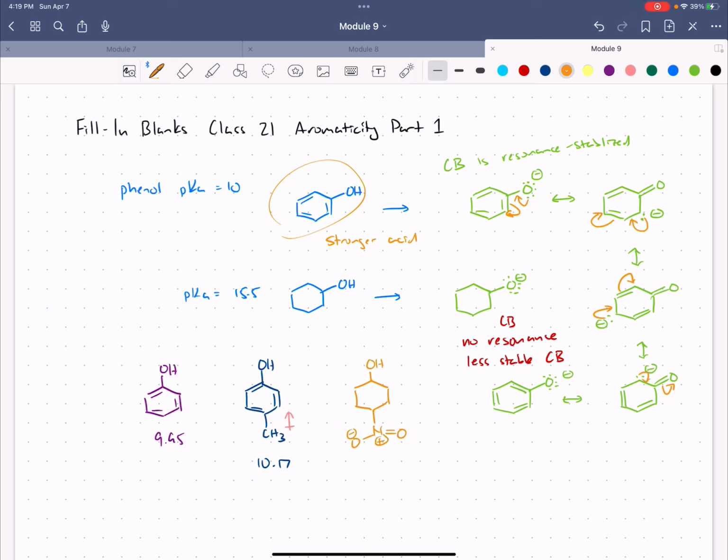Okay, understand why this is more acidic. So this has a pKa of, wow, 7.15. Okay, more acidic. This is an electron withdrawing group, and the alkyl groups are electron donating. There is the effect of those two types of groups.